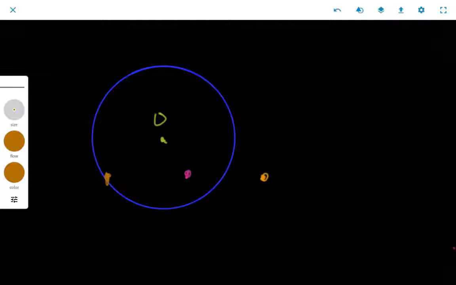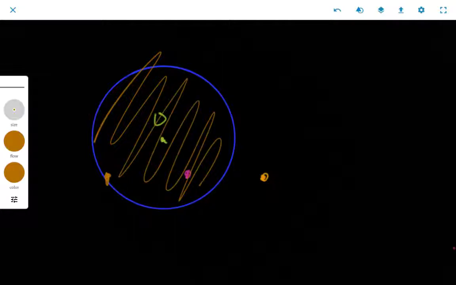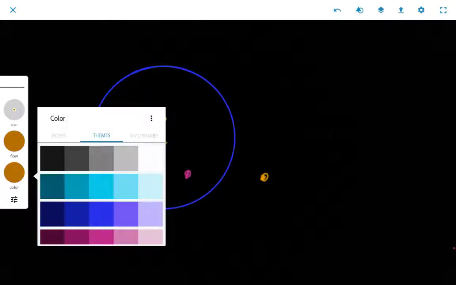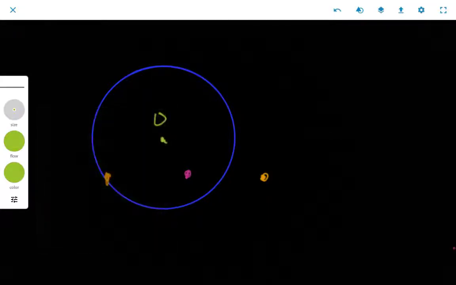So this point is inside the circle area. This is the circle area, understand? I'll go back to my original color once again.